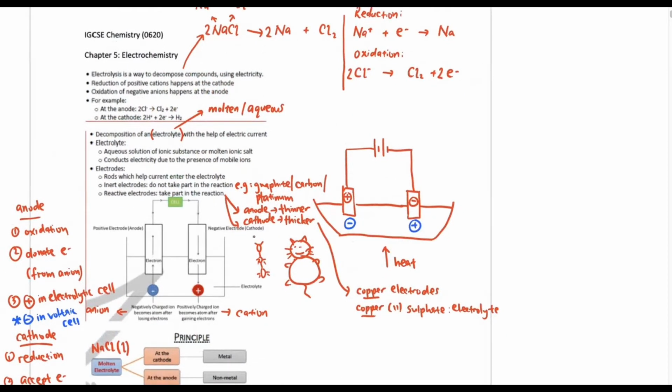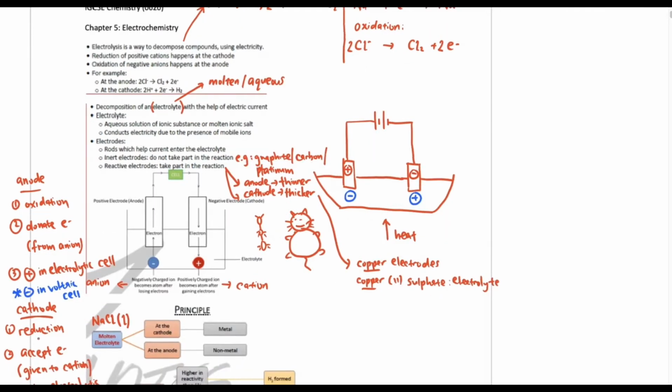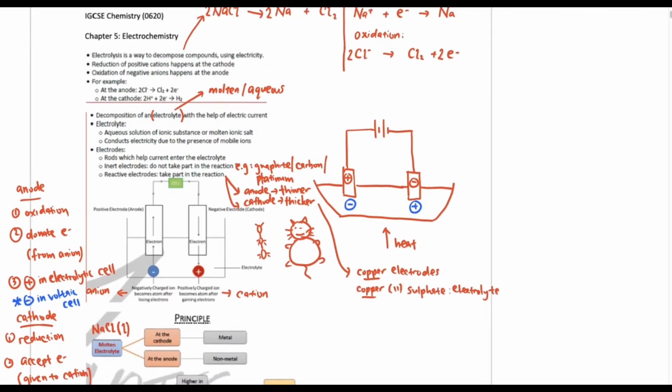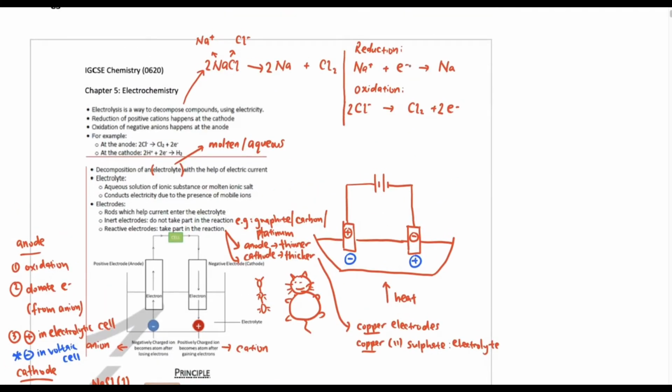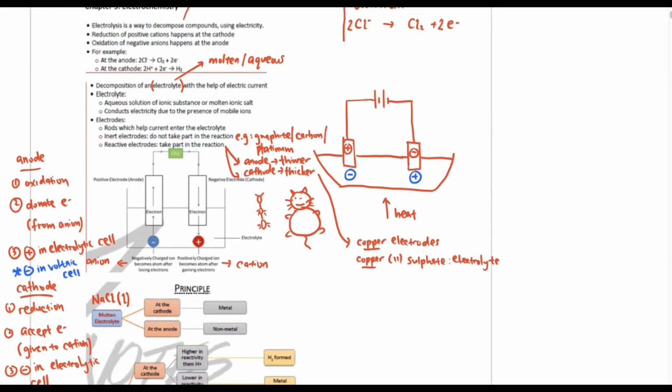At the cathode, you have the positively charged ion, in my example Na+. What happened to Na+? Na+ goes through reduction, accepts electrons and becomes Na. So that's how you get the Na metal. You will get metal as your product.